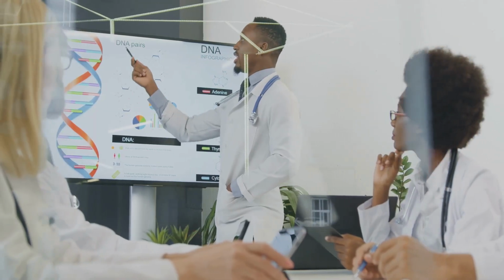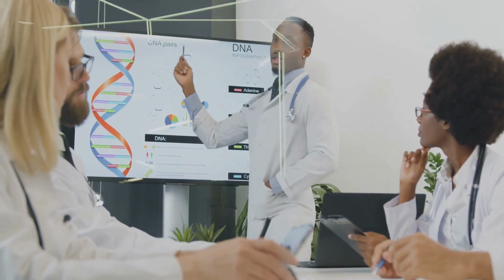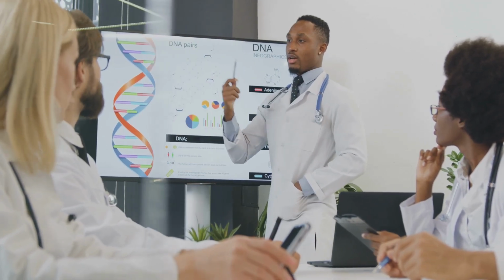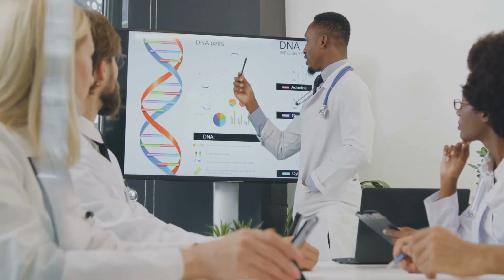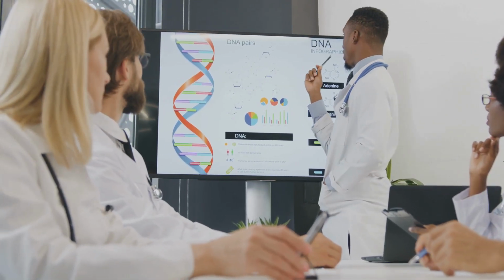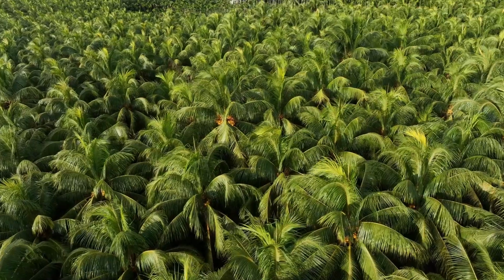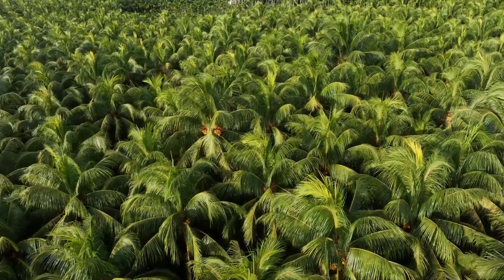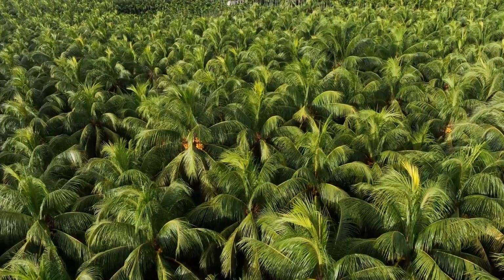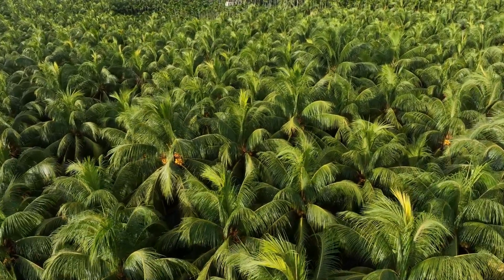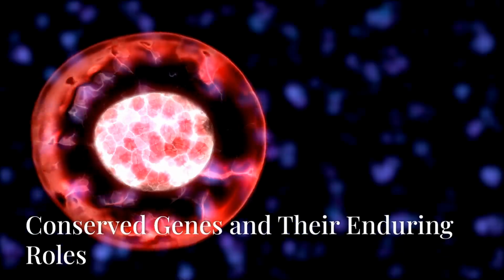These shared genes often perform fundamental functions essential for survival. They govern processes that are crucial for the development, growth, and maintenance of all living organisms. They underscore the unity of life on Earth. This genetic unity is a powerful reminder of our shared origins and the intricate web of life that connects us all.